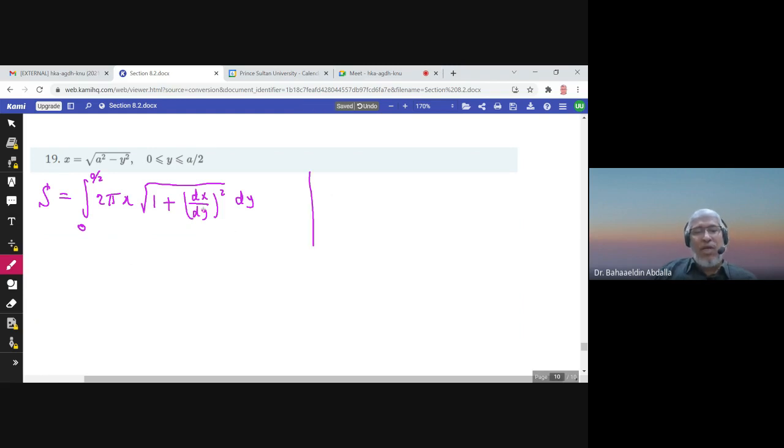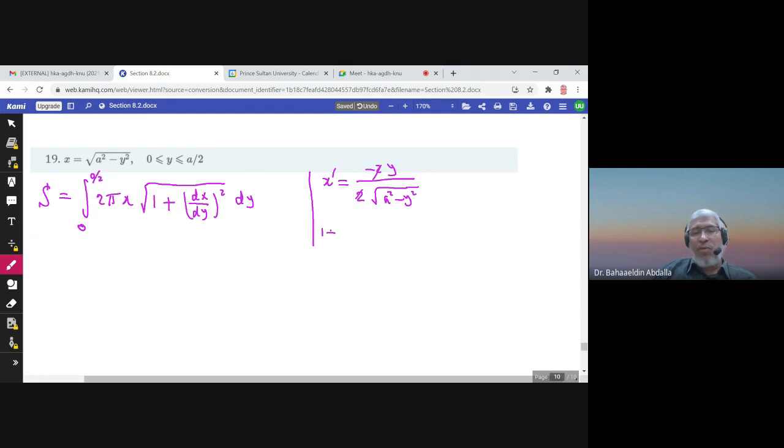Now here I need x to be a function of y, which is the case. So x prime, or dx/dy, is 1 over 2 times square root of a² minus y², times the derivative. Derivative of a² is 0, it's a constant, minus 2y.